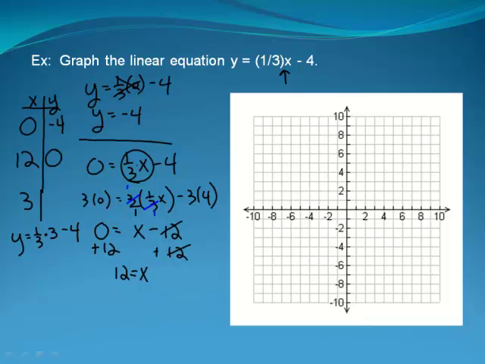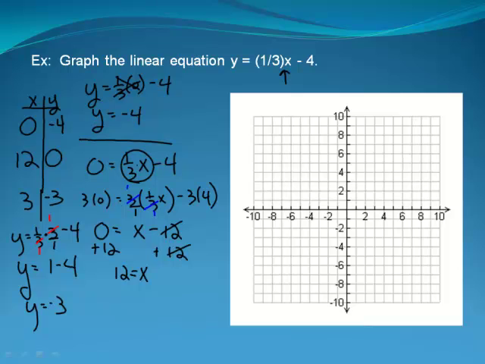Note that that 3 is up in the numerator, and so my 3's will cross-cancel. I'm taking a 3 out of top and bottom. 3 divided by 3 is 1. 3 divided by 3 is 1. That leaves me with y equals 1 divided by 1 is just 1, minus 4. And 1 minus 4 is negative 3.